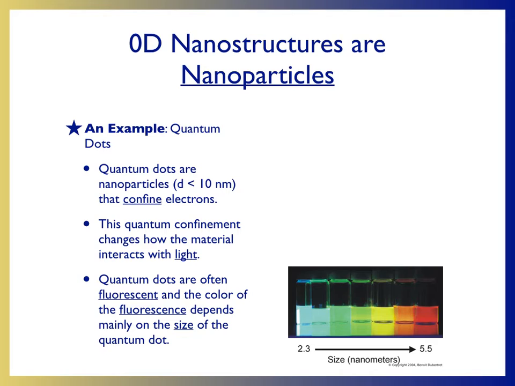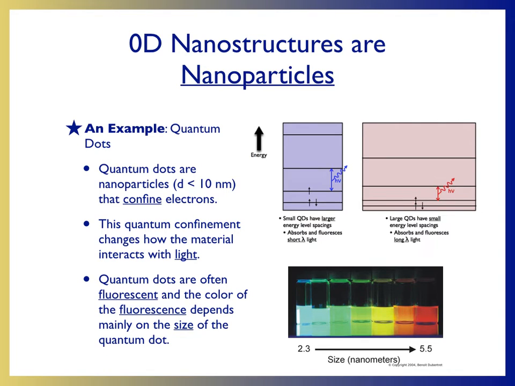This observation can be explained by a simple model called the particle in a box, which greatly explains how quantum confinement works. For a small quantum dot, the energy levels due to quantum confinement tend to have a larger energy spacing.